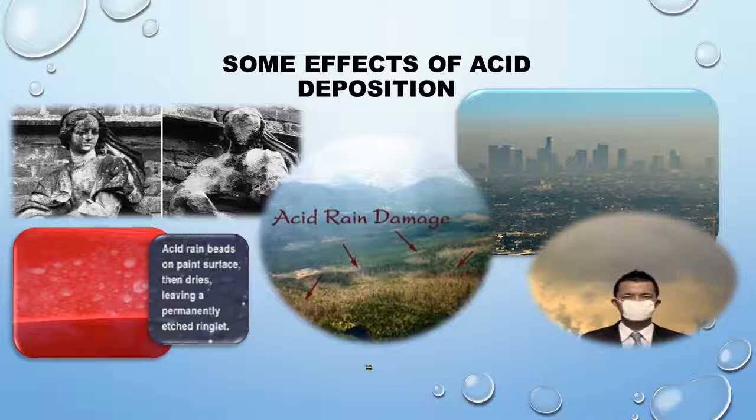This slide provides some pictures of the effects of acid rain. The sulfuric acid and the nitric acid can damage monuments as well as cars. In addition, nitrogen oxides will react with sunlight to create photochemical smog, which is depicted on the right side of your screen.